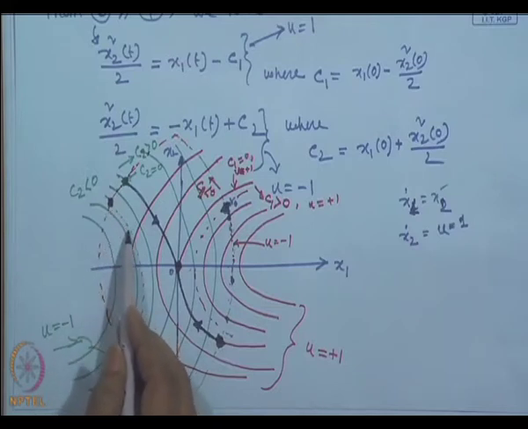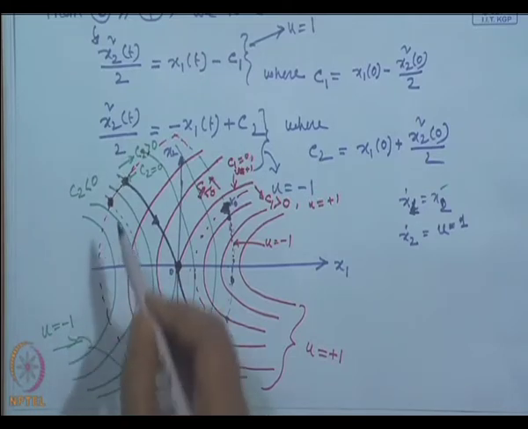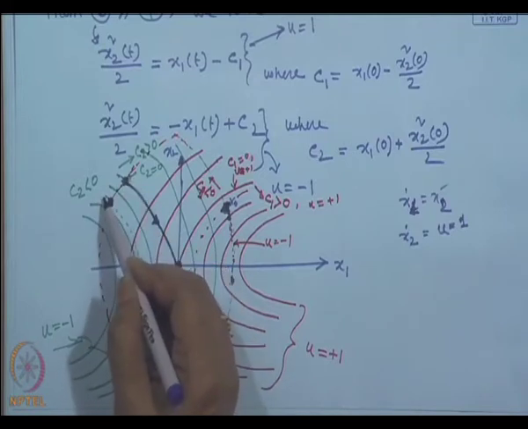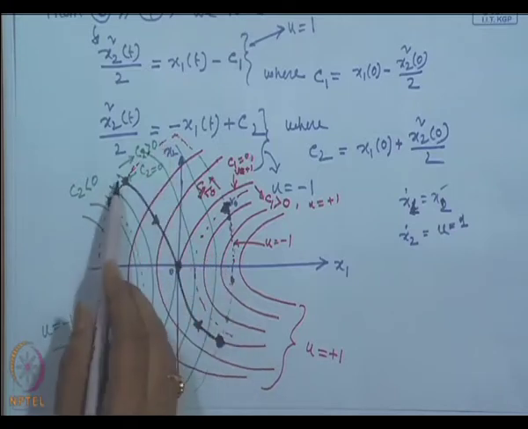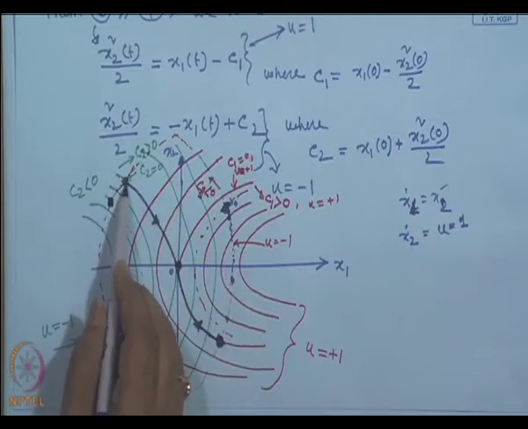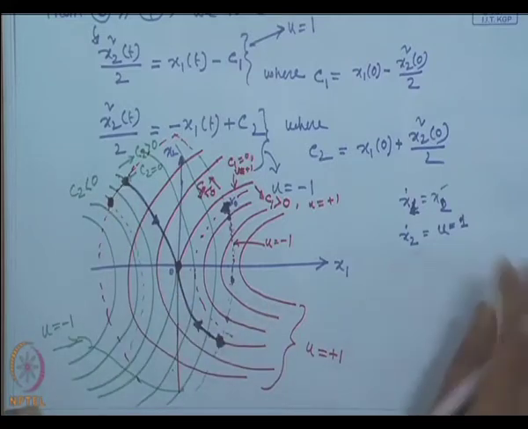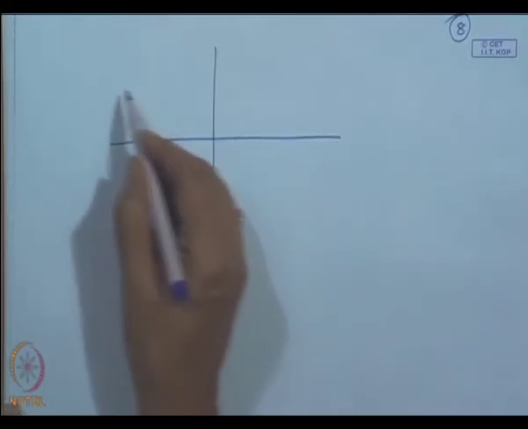So it will go this way, going away from the origin. So it has to go in this direction. So u is equal to plus 1, and then it is switched to u is equal to minus 1. So ultimately that is our switching curve.